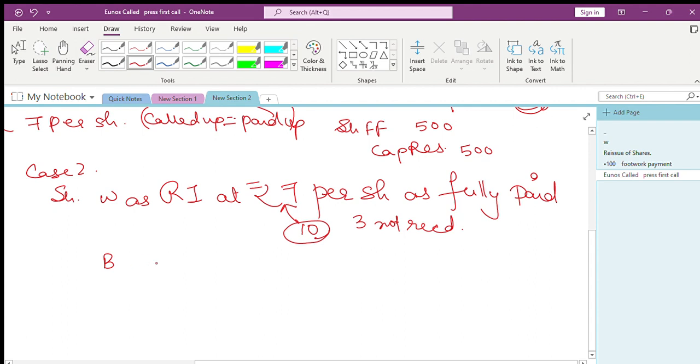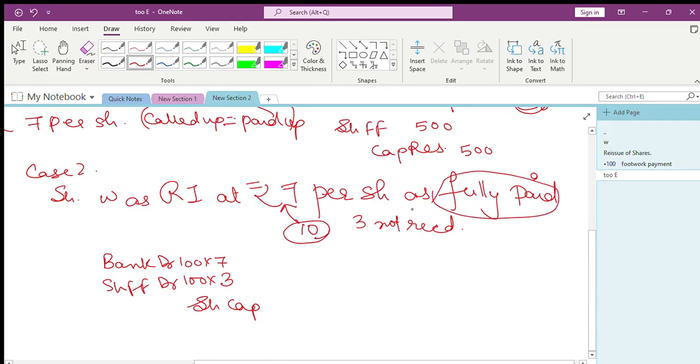Bank debit 100 into 7. Share forfeiture debit, the discount which we have allowed, 100 into 3. We are considering it as a 10 rupee thing. Earlier we were considering it as a 7 rupee thing. So share capital gets credited. The words given here are fully paid up, which tells us that 100 into 10 will come here. Out of 10 when 7 received, 3 is discount. So 500 gain, 300 loss.